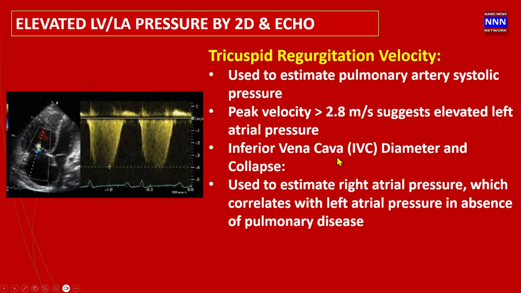Similarly, for the inferior vena cava, if it's greater than 2.1 centimeters and the compression is less than 50%, it suggests elevated right atrial pressure, which may in turn be related to elevated left atrial pressure in patients with congestive heart failure, unless they have primary pulmonary hypertension, which may be causing elevated primarily right heart pressures.